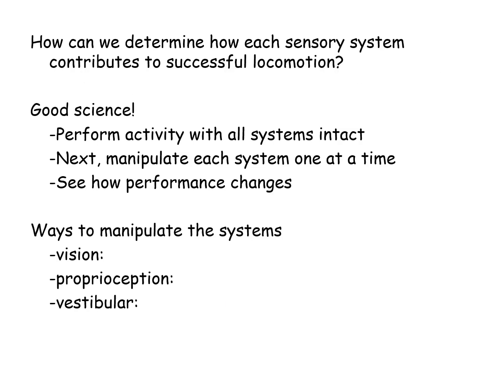How about this? How can we determine how each system contributes to successful locomotion? Good science would say perform the activity with all the systems intact. Then we manipulate each system one at a time and see how the performance changes. One of the things we do in the lab, we have what's considered the sensory organization test.